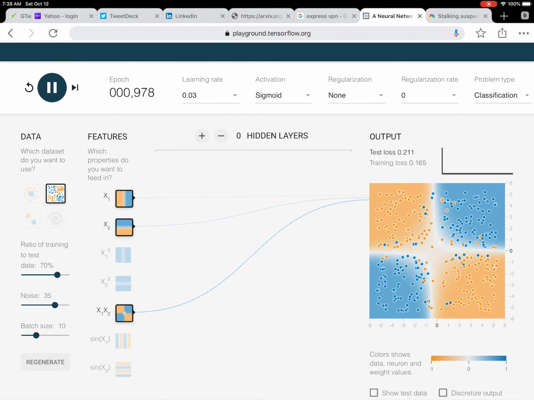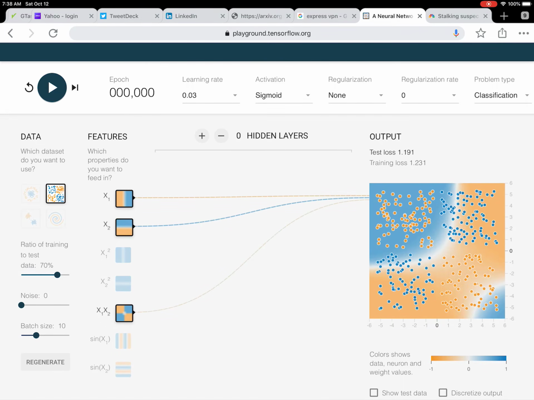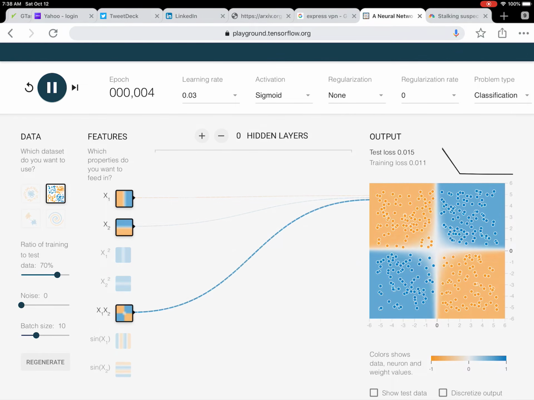In fact, if I stop this and change the noise to 0, so that the yellows and blues are in their own four quadrants, then if I retrain, you notice that the loss is completely minimized.